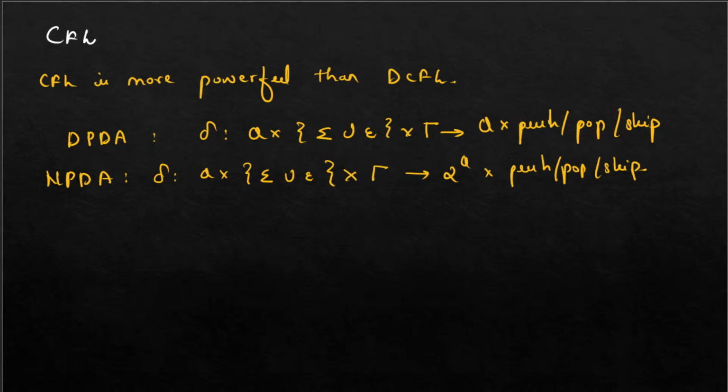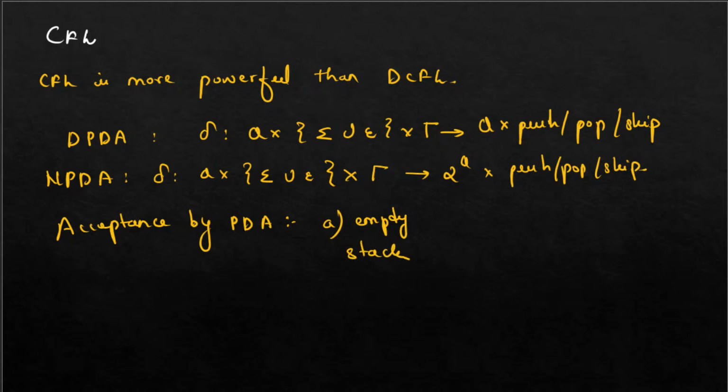So acceptance of PDA is by two methods. Acceptance by PDA: A is empty stack, B is final state.